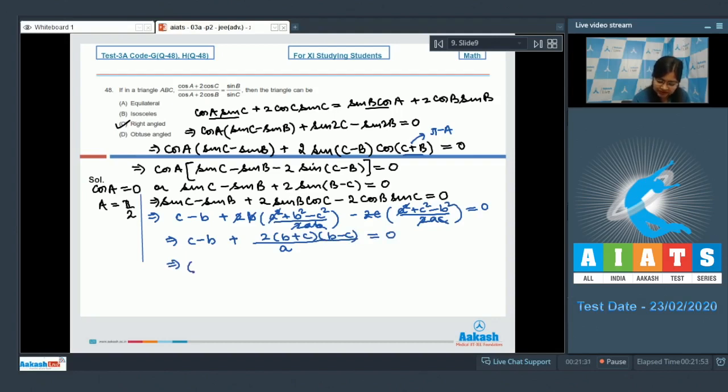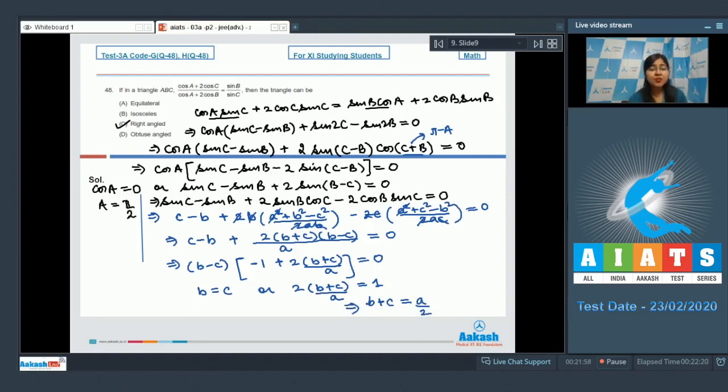Now from here we can see b minus c can be taken common. So we are left with minus 1 plus 2 into (b plus c) upon a is equal to 0. Which means either b is equal to c or 2 into (b plus c) divided by a is equal to 1, which means that b plus c is equal to a by 2.